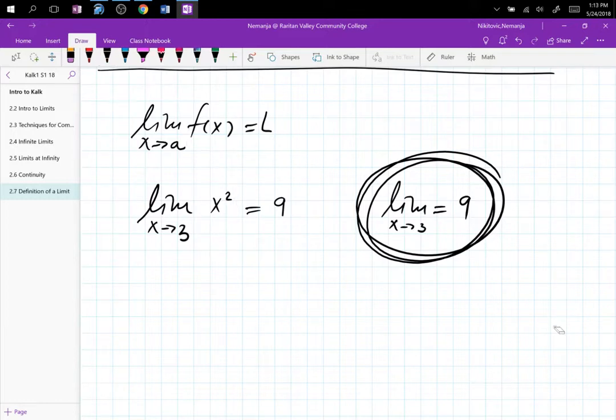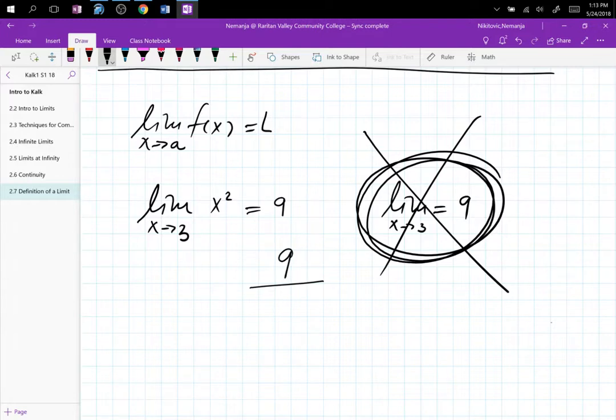So this thing over here has no meaning. The answer is 9, so if you have your exam or a lab and you have the line, you can just put 9, or you can put the whole thing, limit of x squared equals 9 as x goes to 3. But if you put this, it's immediately -1 for notation, and it's per problem. So you can accumulate, you know, -10, -13, -15, just by writing those kinds of things.